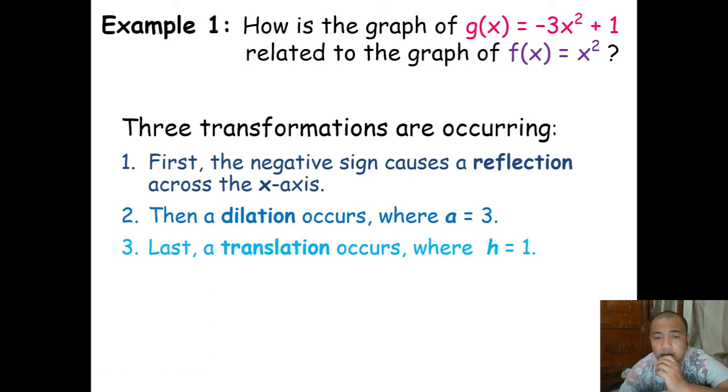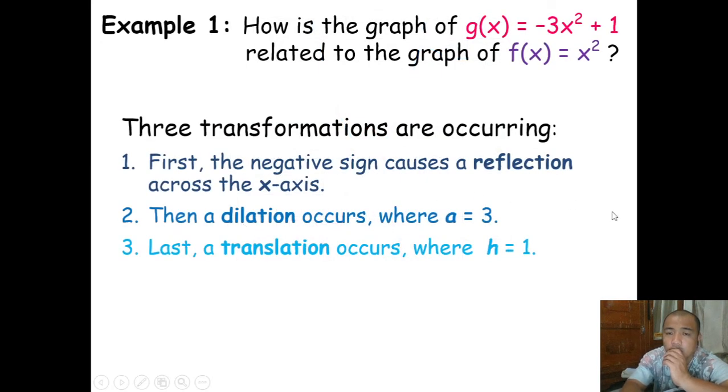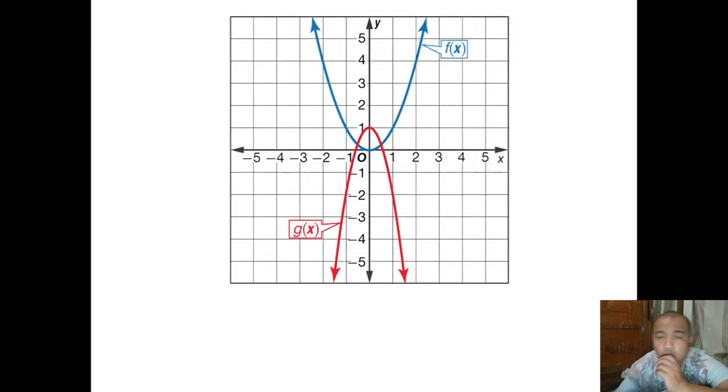And lastly, a translation occurs where k equals 1. The translation is plus 1, meaning it will move 1 unit upwards. That will be the graph.